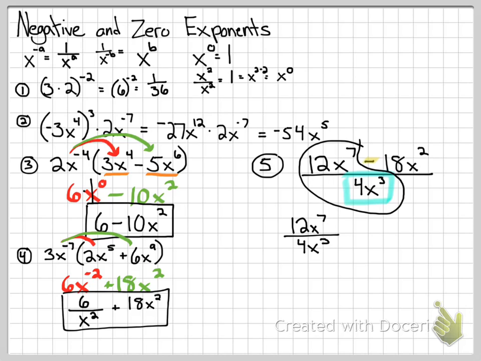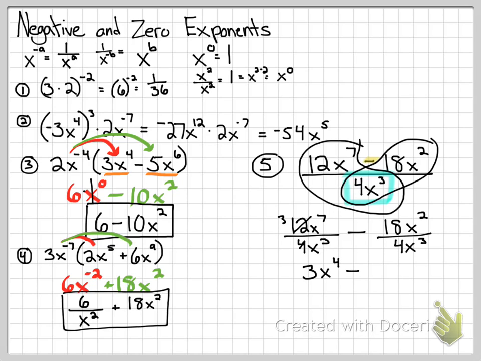The problem said minus, so still minus, and then you can put the second term over the denominator. 18x squared over 4x cubed. Now that minus is in the middle, and we can do each one of these the way you've been doing it since Algebra 2. So 12 and 4, 4 goes into that 3 times, so this piece is going to be 3. x is on the bottom, 7 on top, so x to the 4th.